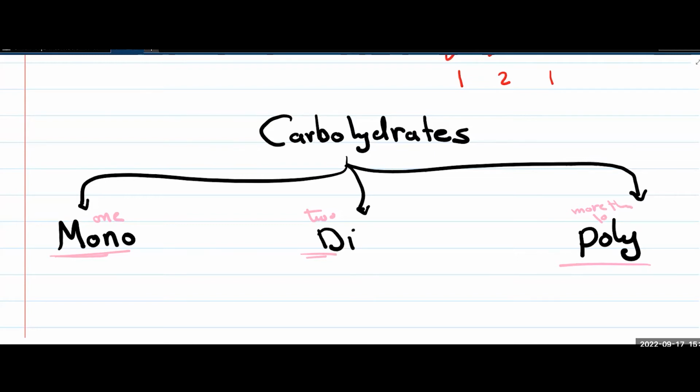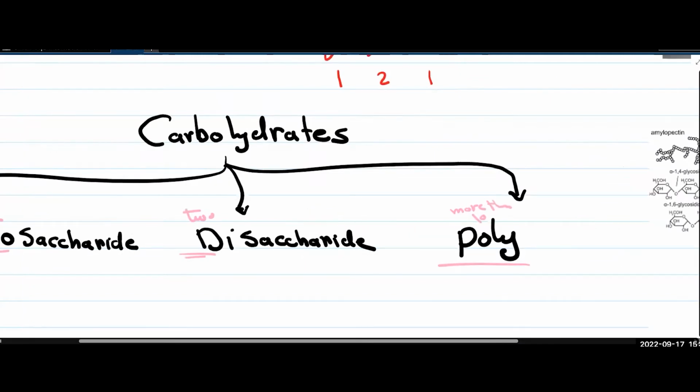or usually we call it large or macro structures. Monosaccharide, I think saccharide comes from the Arabic word sukkar, if you know it. Saccharides, disaccharides, and polysaccharides.